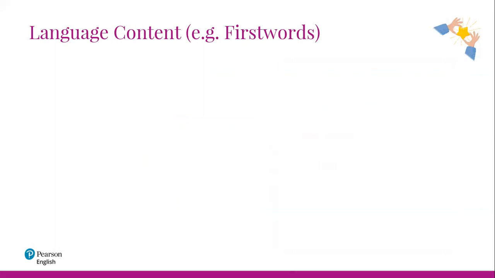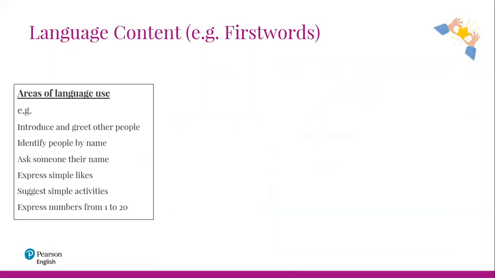So for example, if you look at first words language content, we'll find the first part of language content. This is areas of language use. For first words, this will be introducing, greeting people, identifying people by name, asking someone their name, and so on and so forth. So areas of language use.